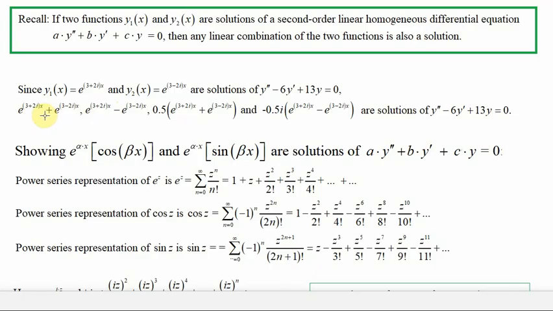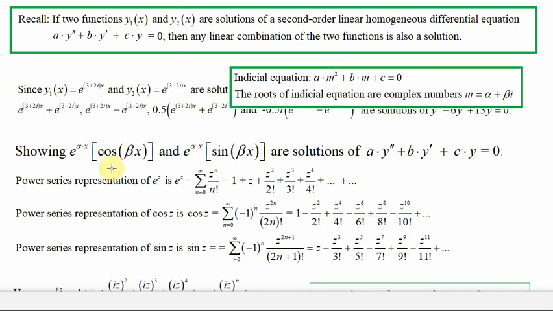We can verify this by taking the first derivative and the second derivative, plugging them into the differential equation, and showing that it's equal to 0. So once again, these linear combinations are solutions of the differential equation.